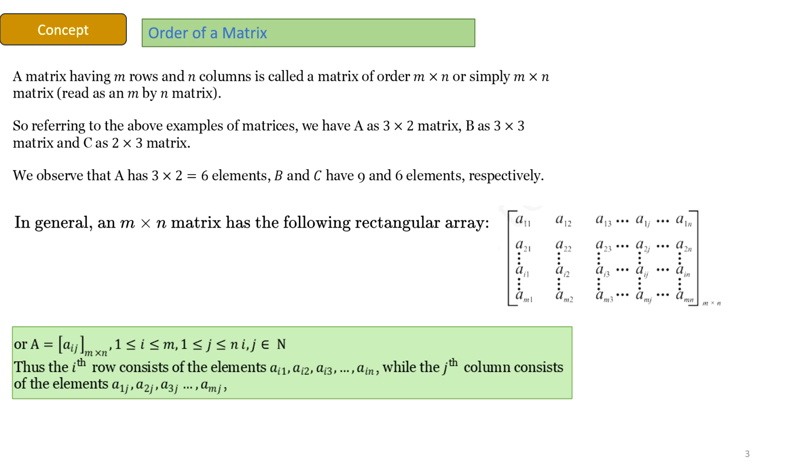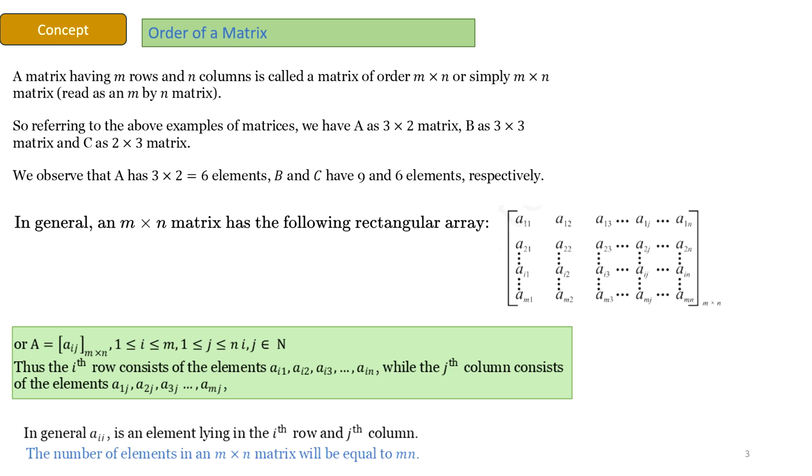The jth column consists of the elements a1j, a2j, a3j, all the way up to amj. In general, aij is an element lying in the ith row and jth column. The number of elements in an m by n matrix is mn.